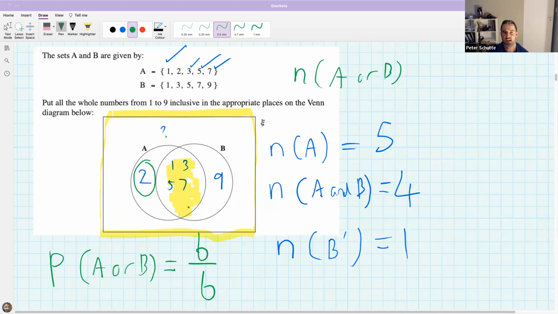How many items are there in total? There's 6. So there's 100% chance if you draw from this collection, you'll get an item in either A or B. So that's me being a little bit sneaky, just to see how well you understood the words and or.